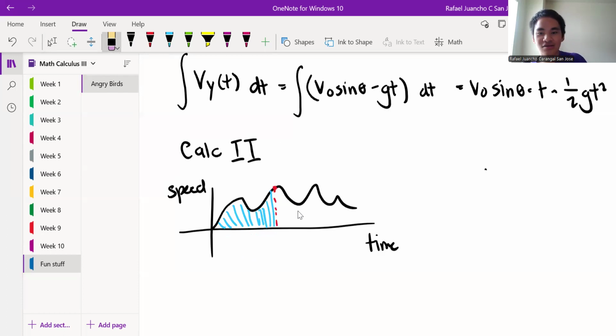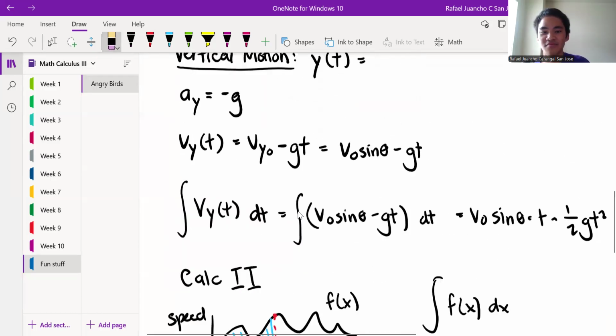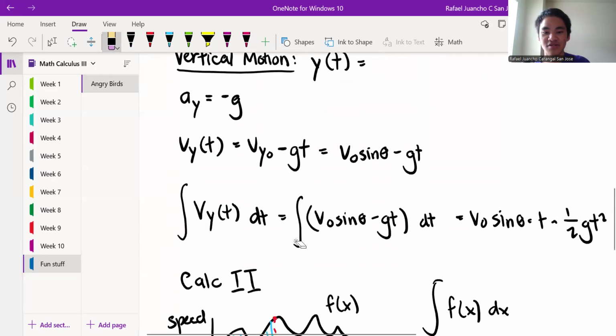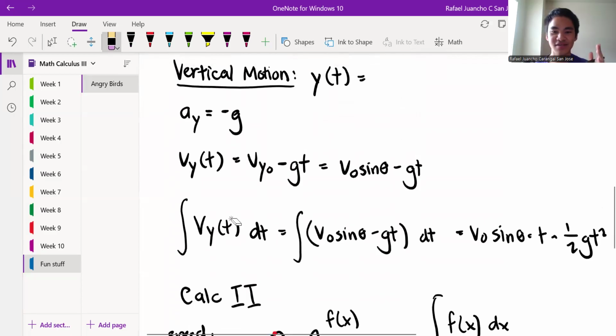So let's say this curve is some function f. To get that distance, we just take the integral. So that's Calc 2.